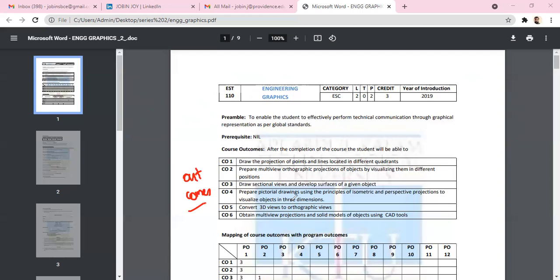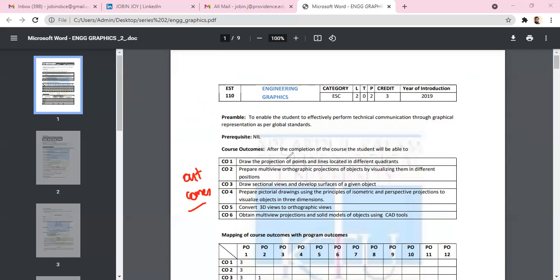If these outcomes are not met, that means either the teaching is a failure because of the teacher, or because of the teaching you can't understand the outcomes. So some problems are there. Any subject you are studying will have some outcomes. The outcomes of this subject are these 6.